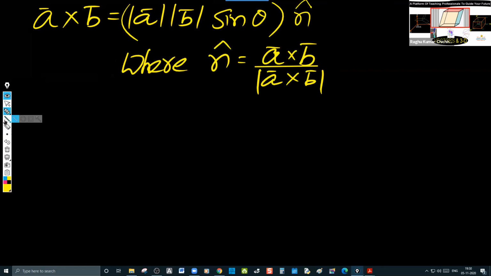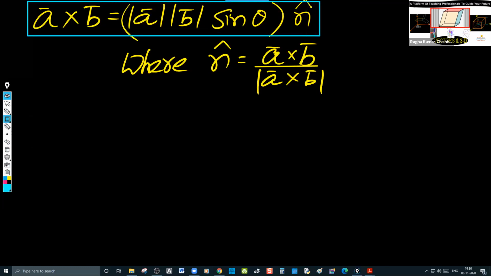Now, the basic difference between the scalar product and vector product is that in the vector product, you will have the direction along with magnitude, whereas in the scalar product, you will have only magnitude, but no direction.